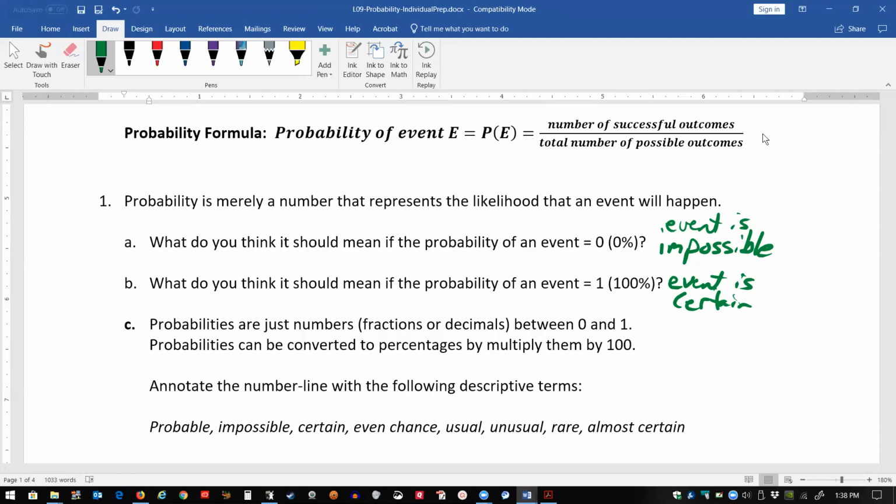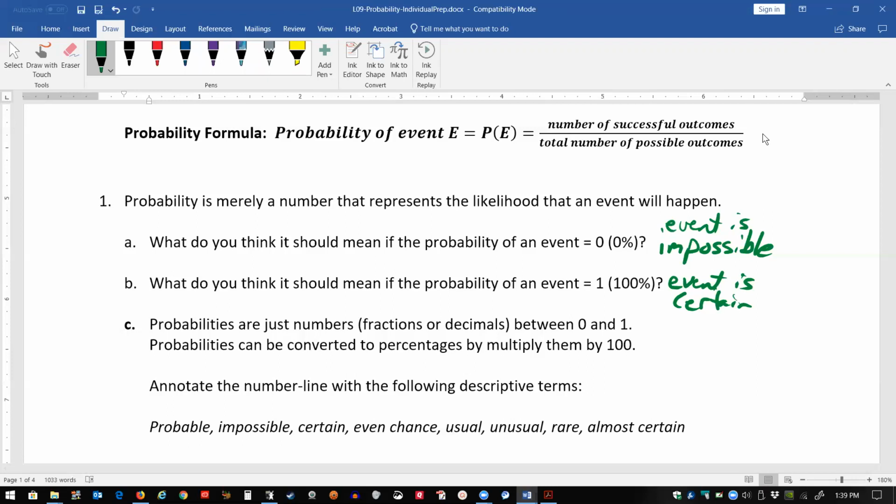So if I was to roll a six-sided die, what would be an example of an impossible event? 7. Good. It is impossible for me to roll a 7 on a standard six-sided die that just has the numbers 1, 2, 3, 4, 5, and 6. But what is an example of an event that would be certain to happen? 100% chance of this event occurring if I was to roll a six-sided die.